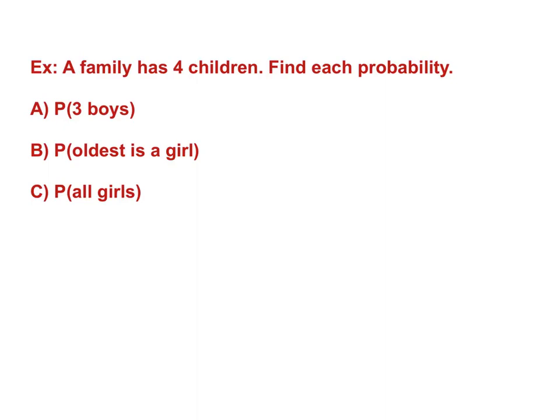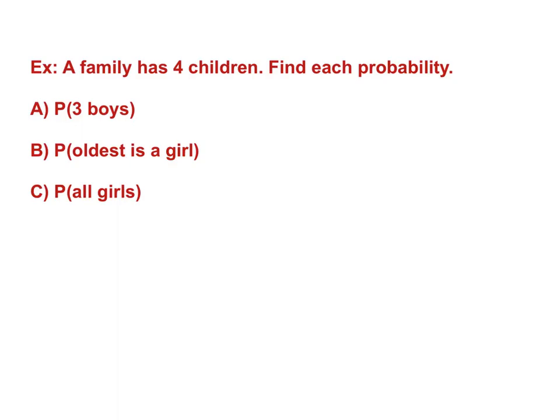Now, in order to figure this out, you need to know the sample space of a family with 4 children. There's not a real easy way to do this, so I'm going to provide you with a tree diagram for this situation. Obviously this is very similar to the heads and tails.